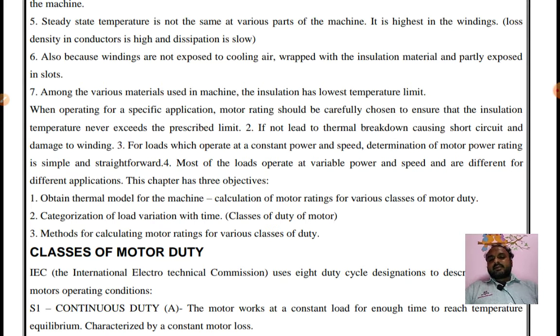The objectives of this module or chapter are: obtain a thermal model for the machine, calculation of motor rating for various classes of motor duty, and categorization of load variation with time. That is the classes of duty of motor, and the method for calculating the motor ratings for various classes of duty. These are the three objectives.